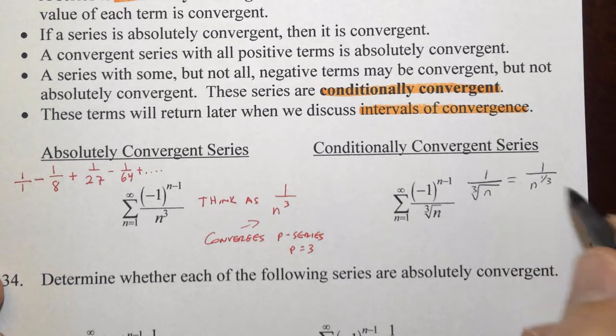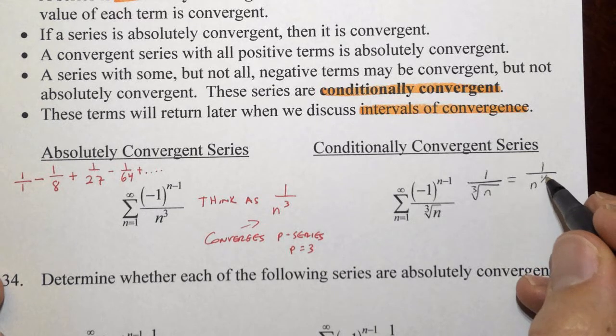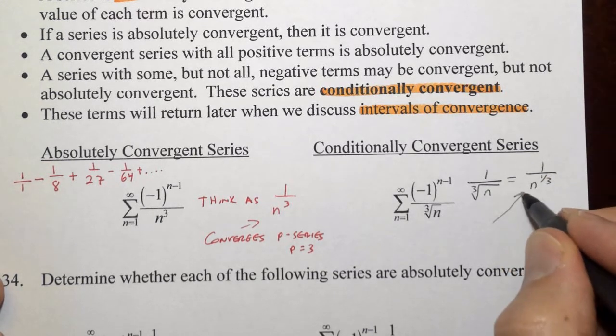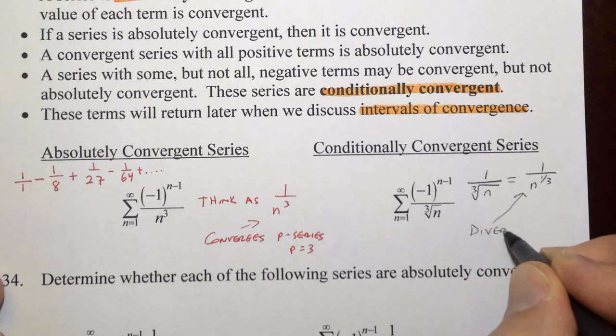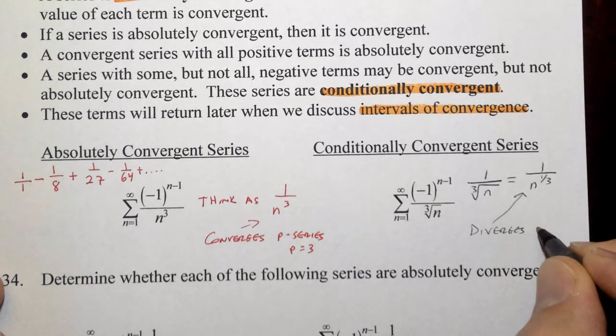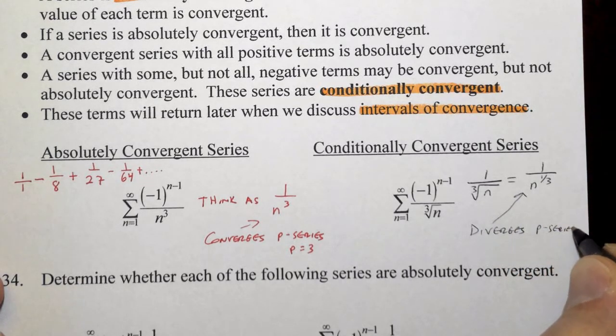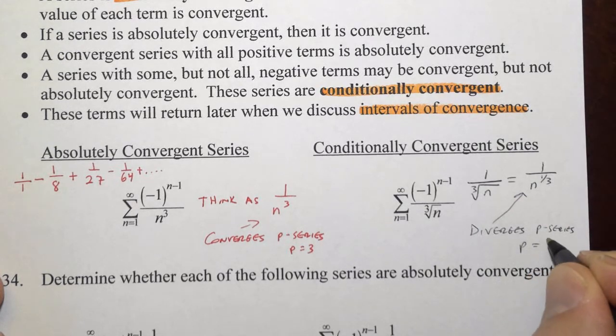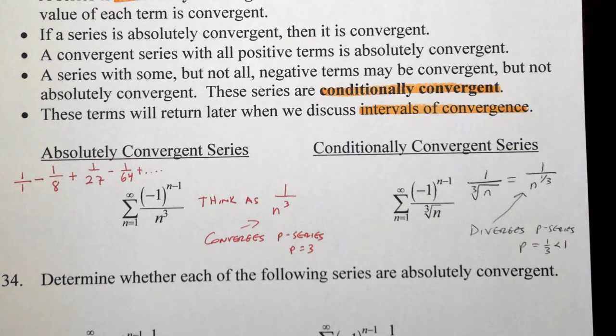This is one of our algebra rules. This is also a p-series. But this diverges, because it's a p-series where p is equal to 1/3, which is less than 1. And if p is less than 1, then the series diverges.